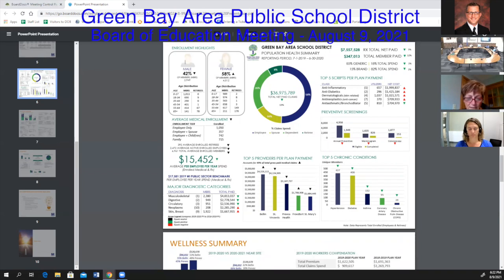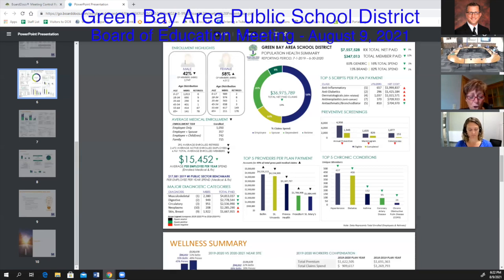So in this data set, you'll notice that in the enrollment, our population did go down slightly. Our male population makes up 42%, and our female population makes up 58%. And then you'll notice below the enrollment tiers, again, down slightly, but the employee only, employee-spouse, employee-children, and then the family enrollment.